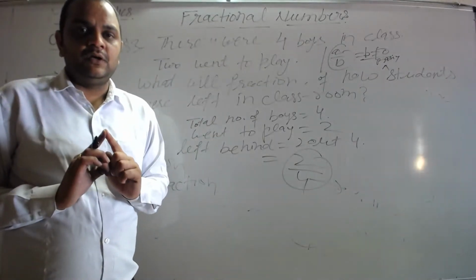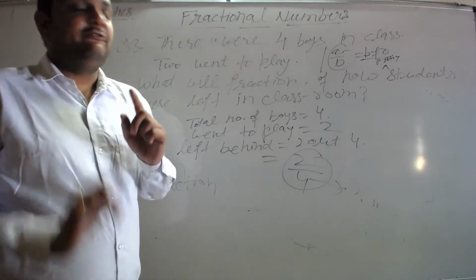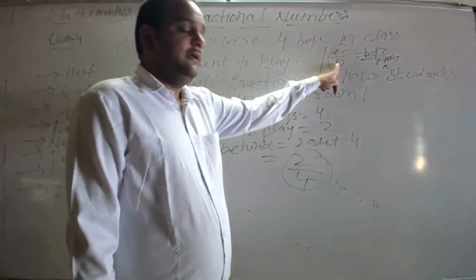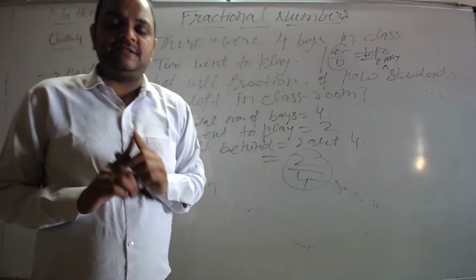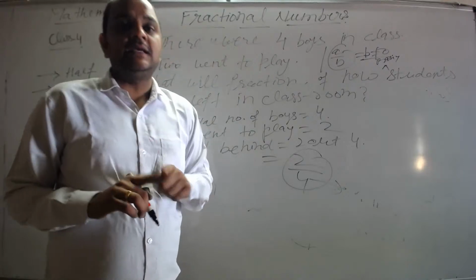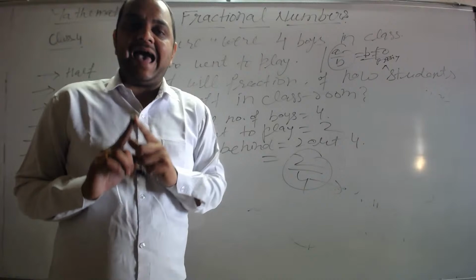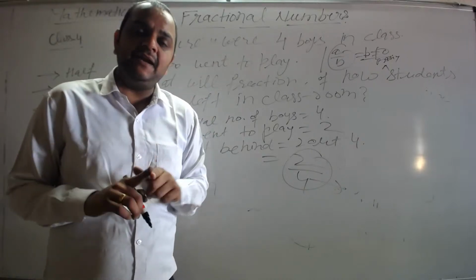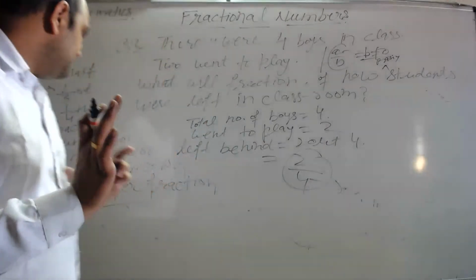Denominator means the bottom part of a fraction that tells us how many equal parts a whole or a group has been divided into. It means the total number of parts that we have.